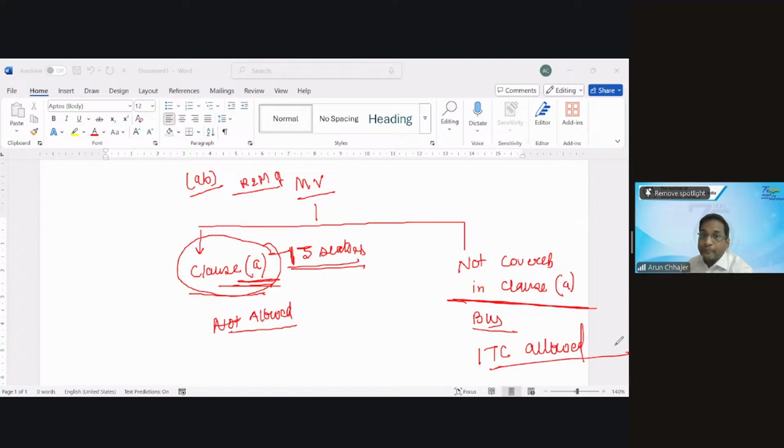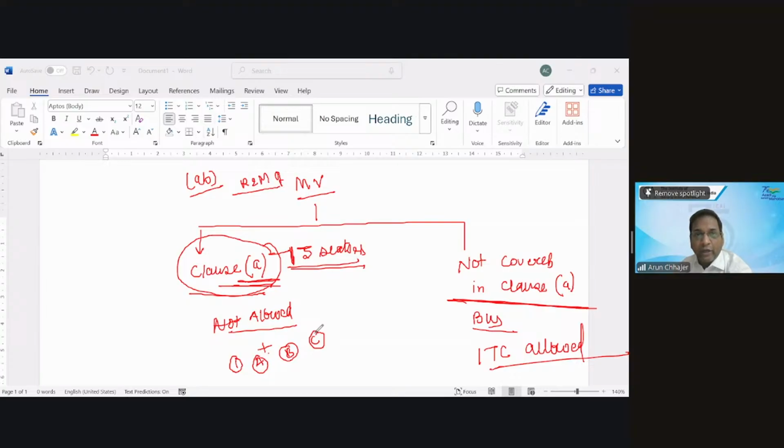Now, if I am covered in clause A, then I have to satisfy that it is used for the purpose specified therein. You remember the three purposes we have discussed: further supply of that motor vehicle, transportation, or training.